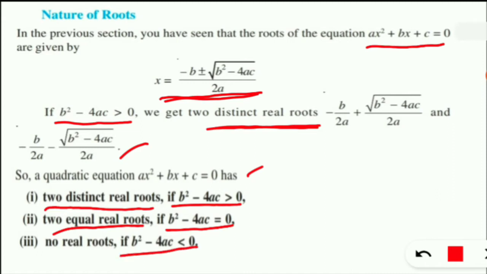Or we can say that if b square minus 4ac is greater than 0, then we get two distinct real roots. Next, if b square minus 4ac equals 0, then we get two equal real roots. If b square minus 4ac is less than 0, then we get no real roots. Clear?